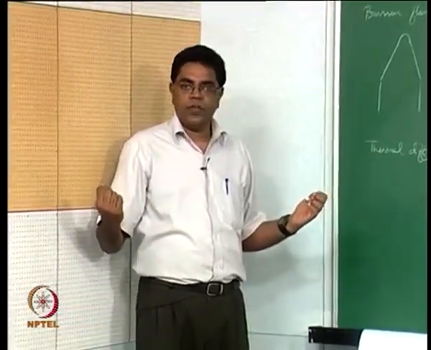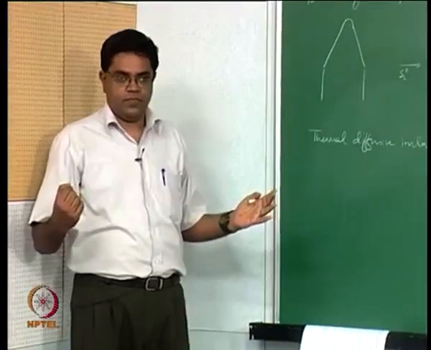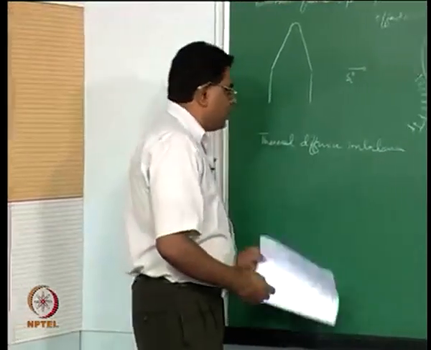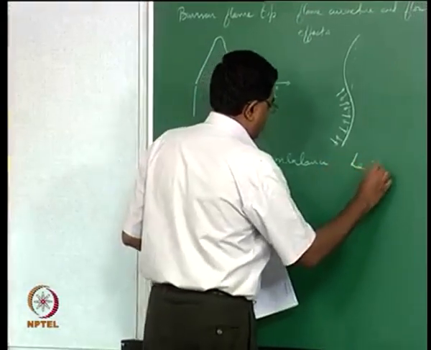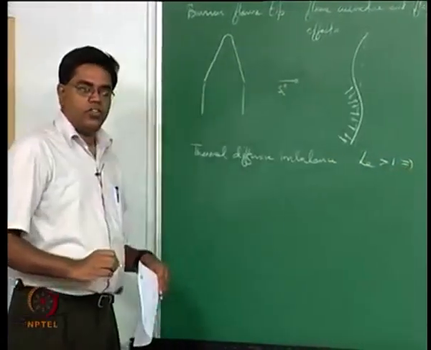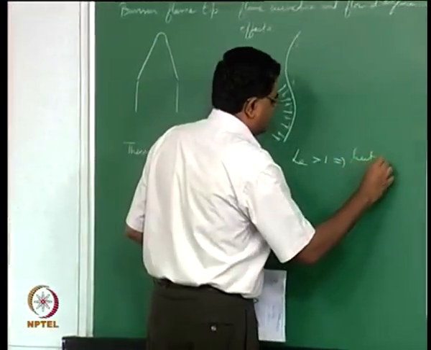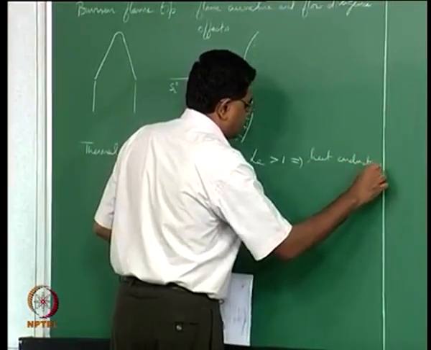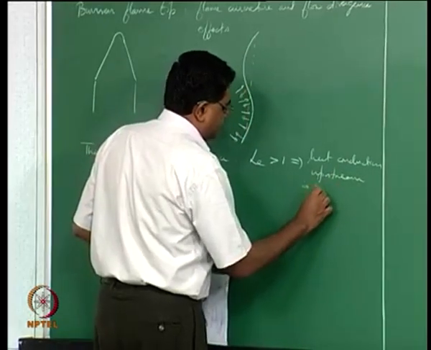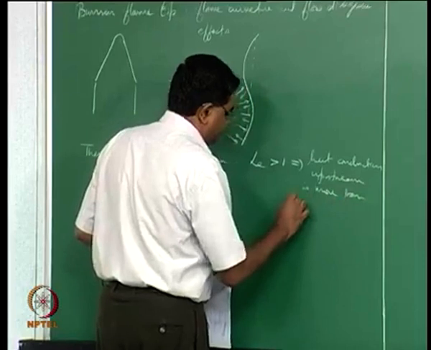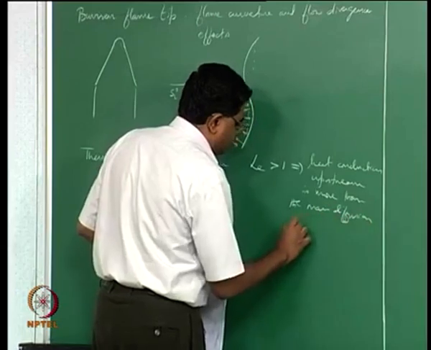It's a Lewis number, right. So we have to think about what the Lewis number is, and depending upon what the Lewis number is... So if you now have a Lewis number that is greater than 1, that means the heat conduction upstream is more than the mass diffusion downstream.